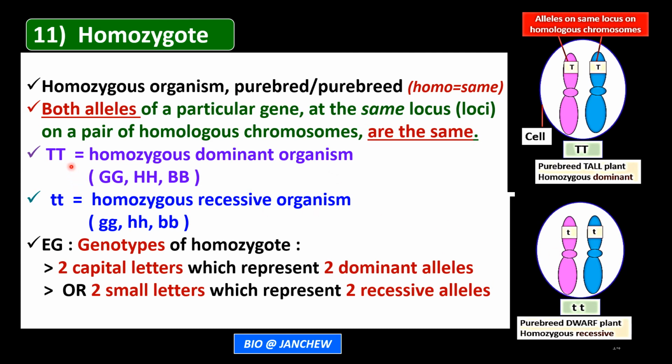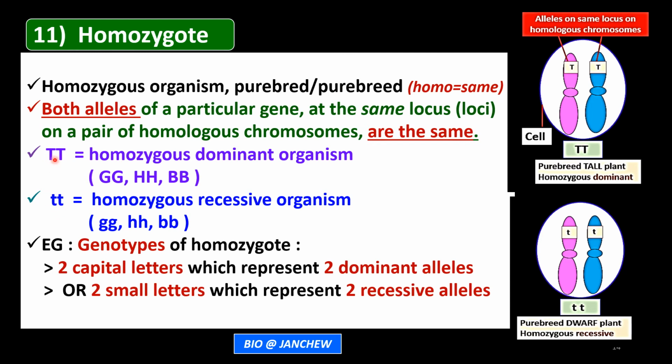So there are two types of homozygotes here: the homozygous dominant organism and the homozygous recessive organism. So for the homozygous dominant organism, it has two dominant alleles, big T, okay, in each cell. Whereas for the homozygous recessive organism, it has two recessive alleles together in each cell.